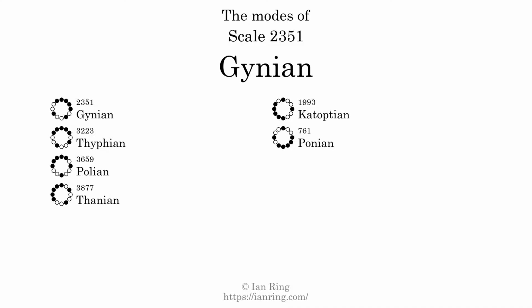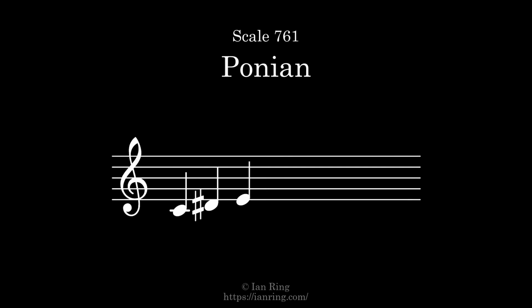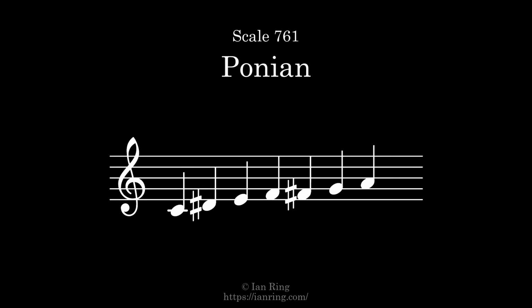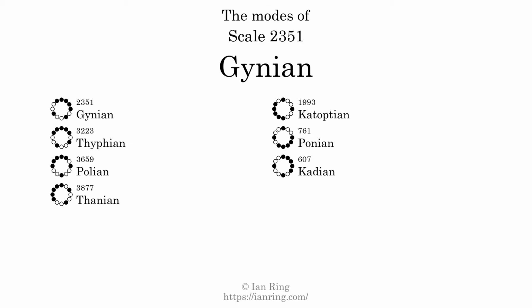The sixth mode is scale 761, also known as Ponian. It sounds like this. The seventh and last mode is scale 607, also known as Cadian. It sounds like this.